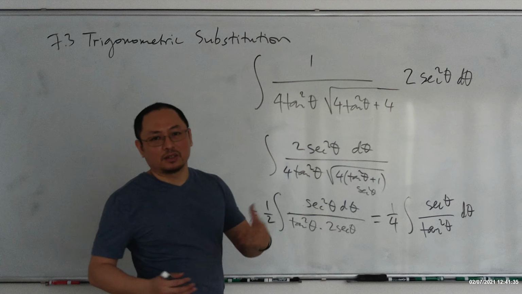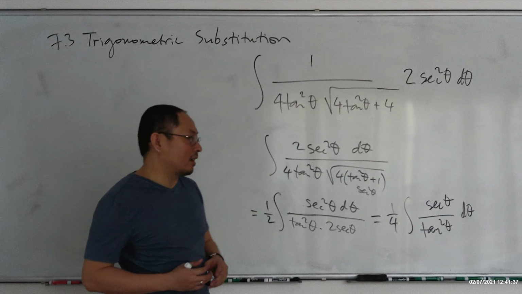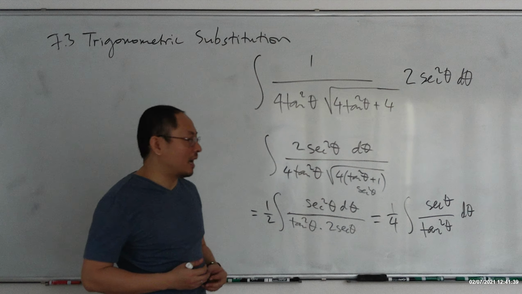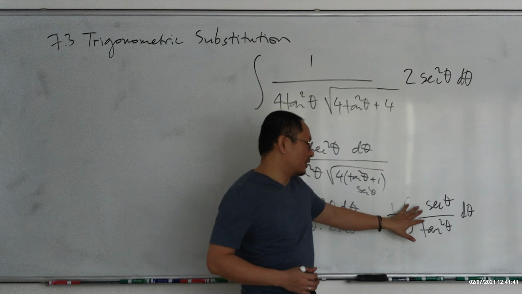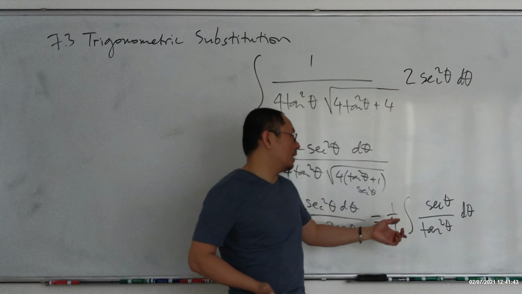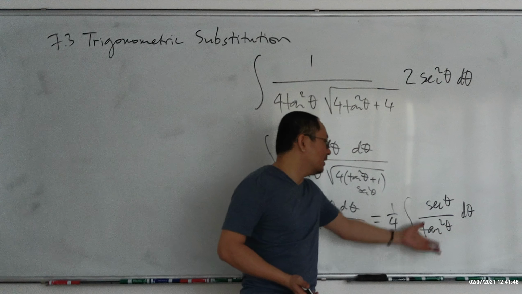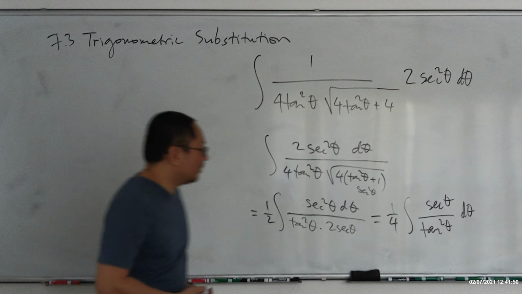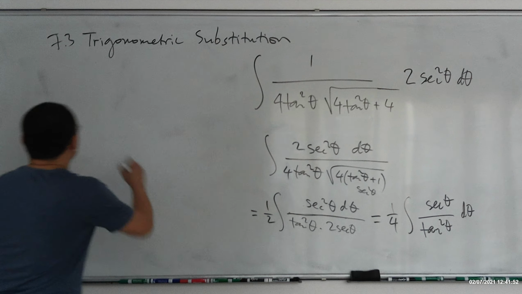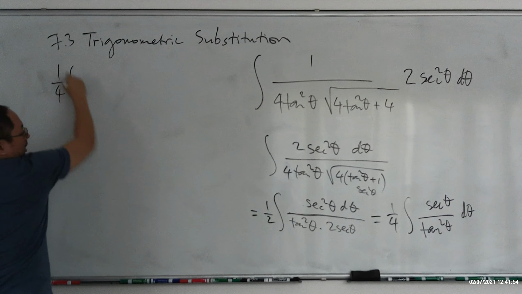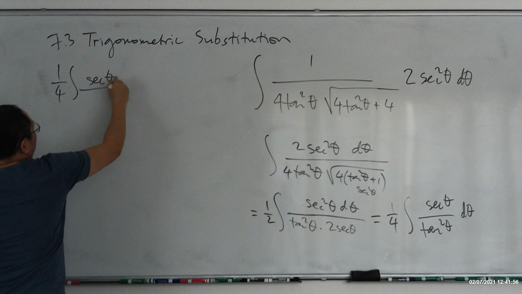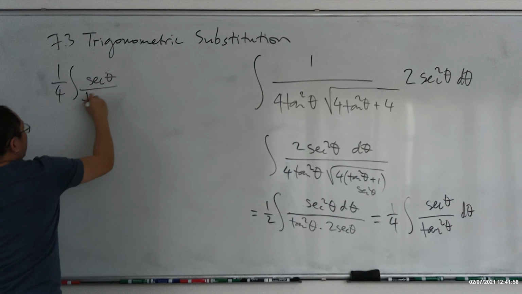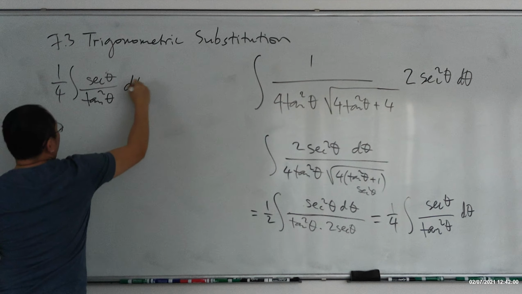Because I never say that it's going to work all the time, but many times it's going to work. Because for sine and cosine, the derivative of sine is cosine, the derivative of cosine is negative sine. So it's kind of going around, it's going to work. So I try to convert things back to sine and cosine. I got a quarter integral of secant theta over tangent square theta d theta.